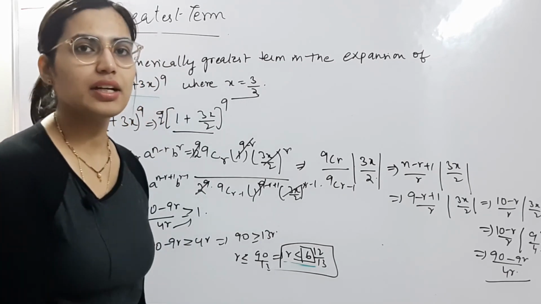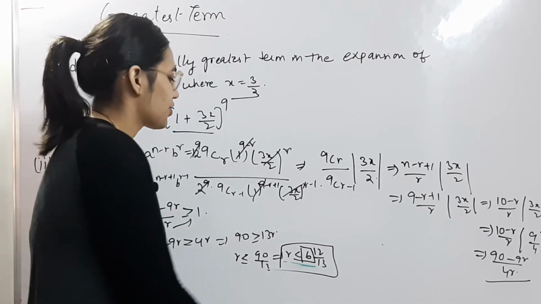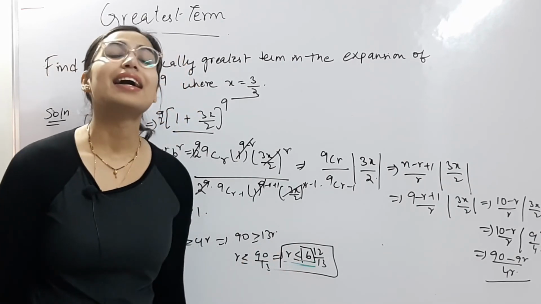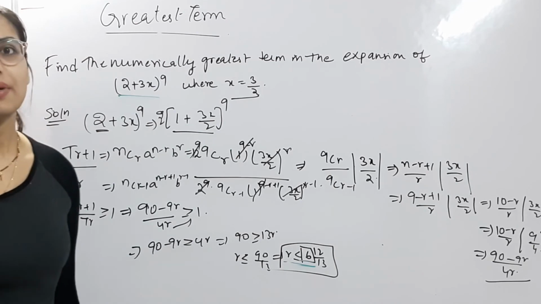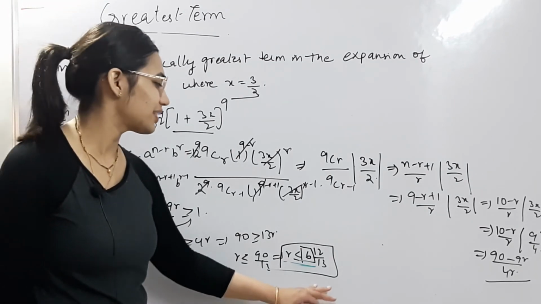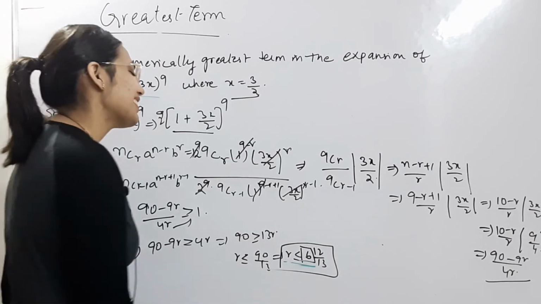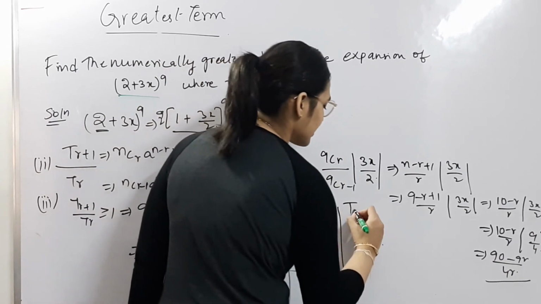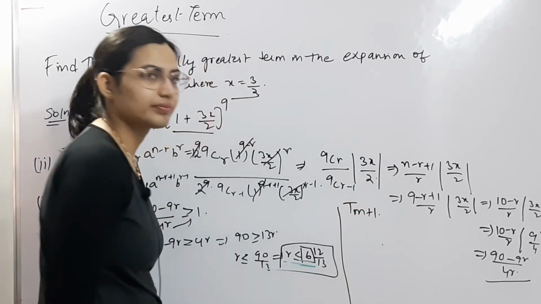The term can be a positive integer. So here we only consider the integral part, and this is the case where (n plus 1) by (1 plus x by a) is not an integer. And whenever that is the case, then what do we take? We get only one greatest term, that is Tm plus 1.